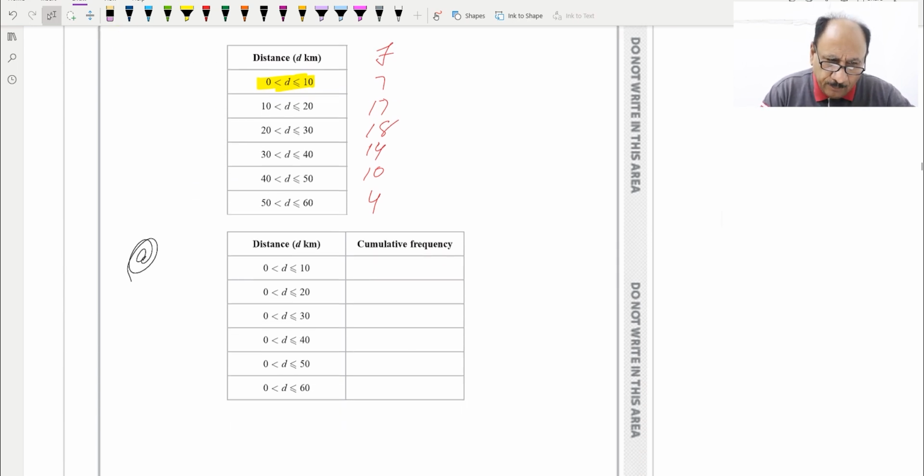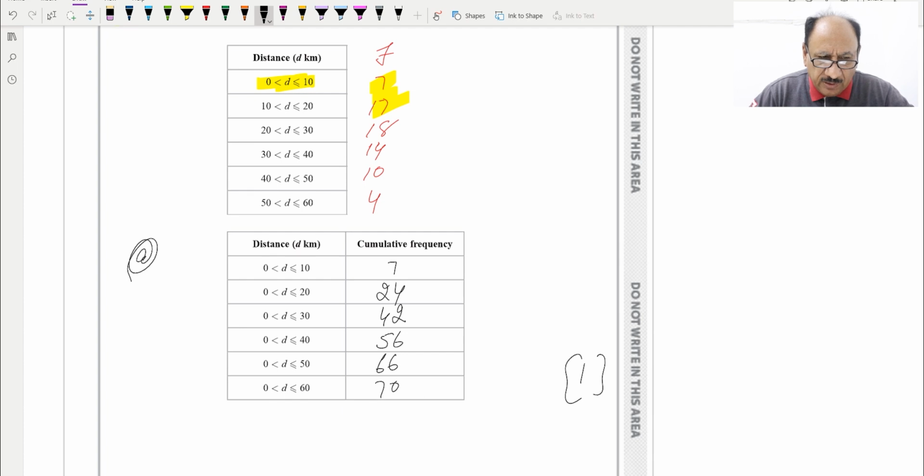For 0 to 10, we know that this is 7, so 7, then from 0 up to 20 will be these two values which will be adding, and this will be 7 plus 17, which is 24, then 24 plus 18 will be 42, and 42 plus 14 will be 56, and 56 plus 10 will be 66, and 66 plus 4 will be 70. So this is 1 mark part which we have done, which is completing the cumulative frequency table.